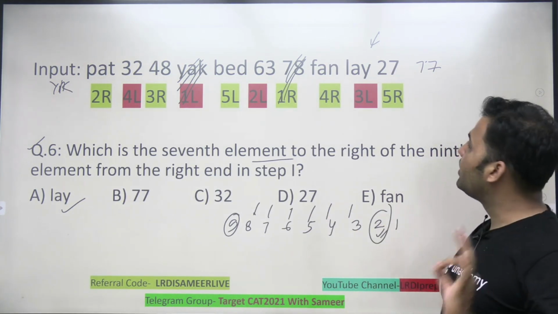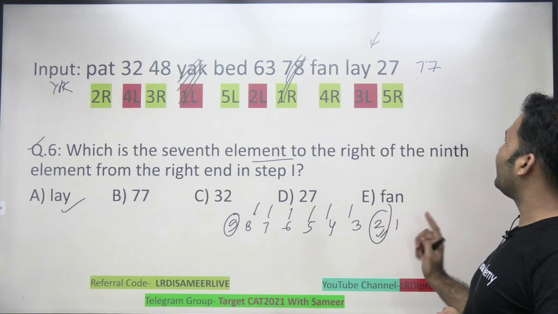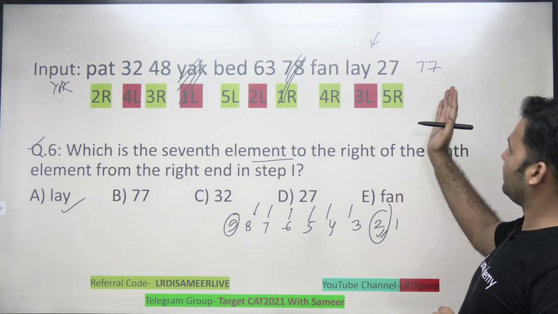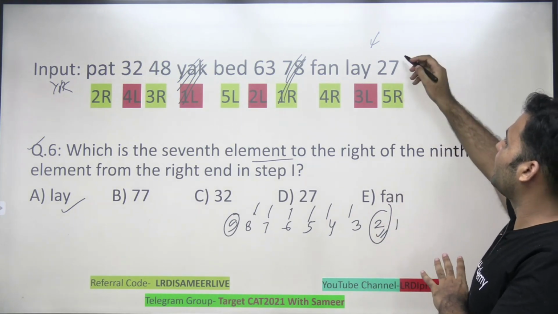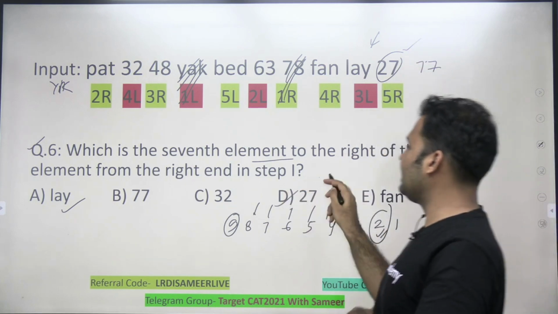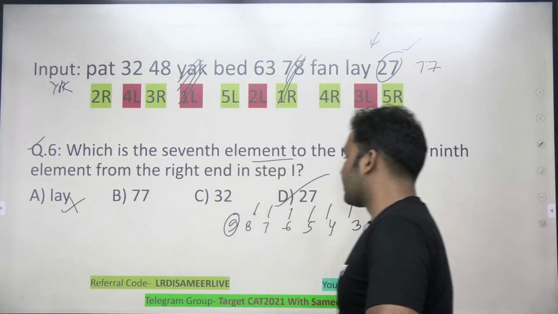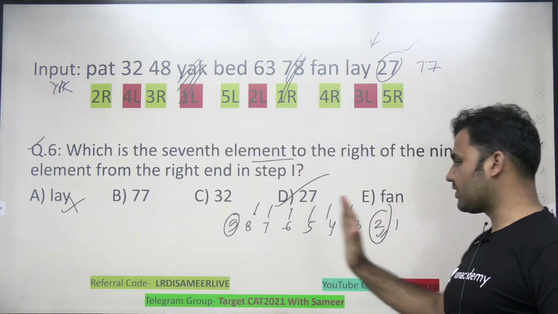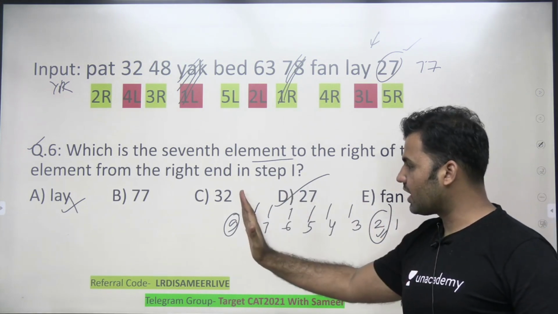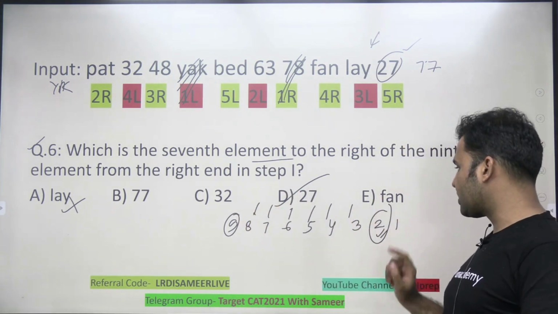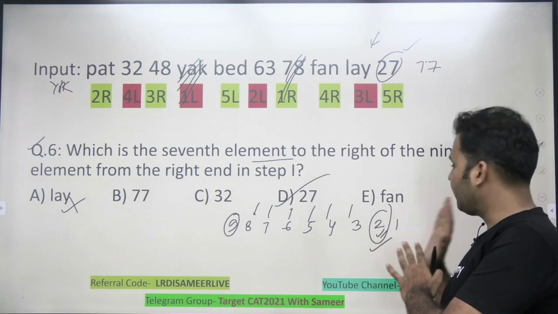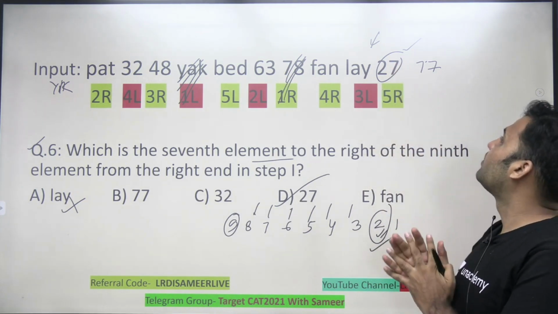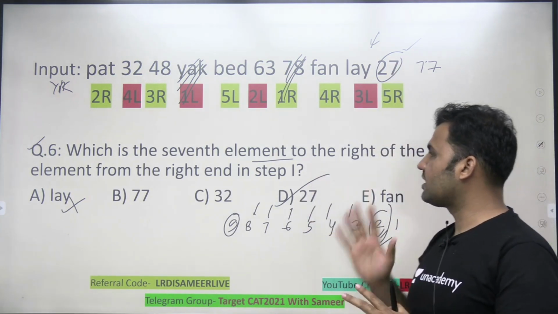The element which will be in the 2nd position from the right hand side, and that word is 27. So D is the answer, not A. So I'm moving 9 steps in this direction, 7 steps back. So I'll be positioned at the 2nd step from the right hand side, which is 27 here. So D is the correct answer to the question.